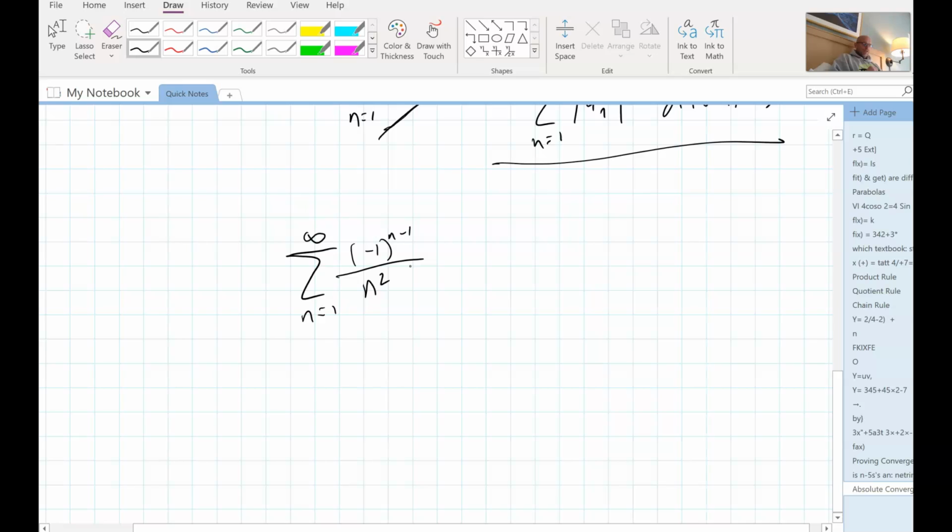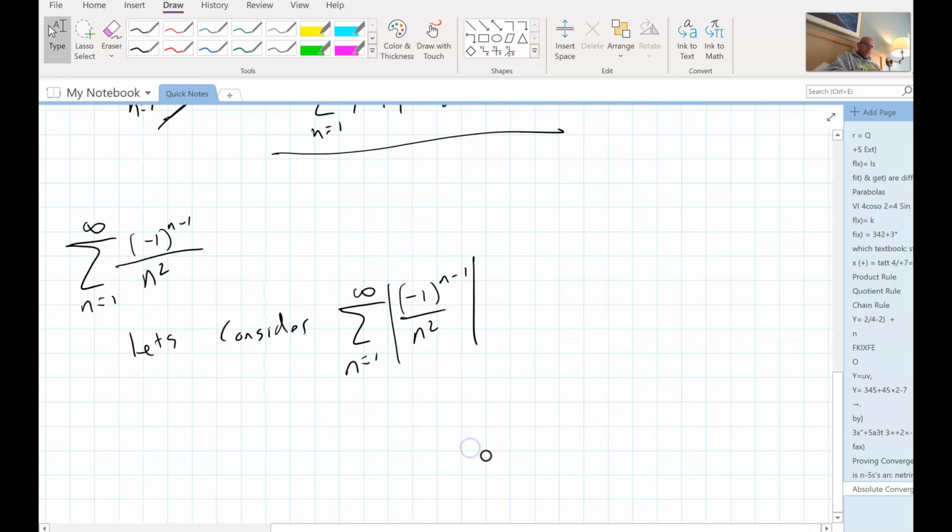We can't really use a comparison test because comparison tests only work for positive series. So let's consider for a moment the sum, n running from 1 to infinity, of the absolute value of negative 1 to the n minus 1 over n squared.